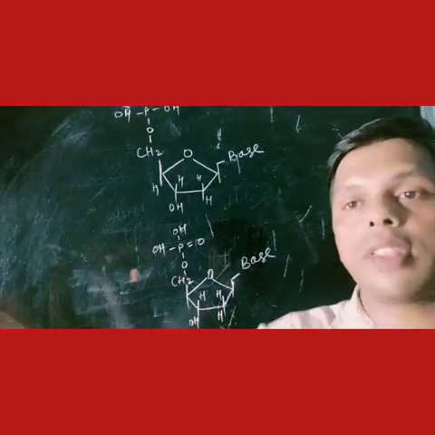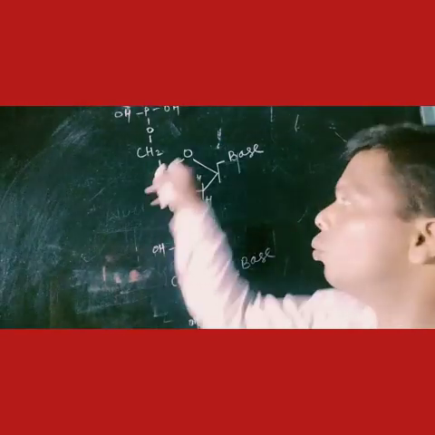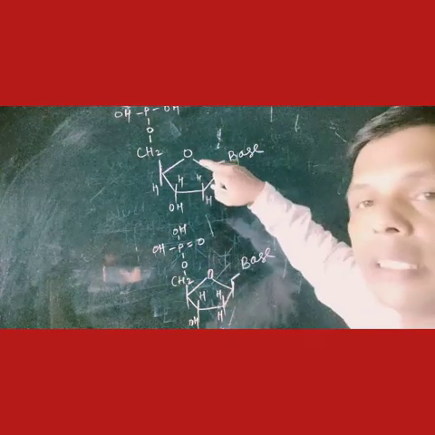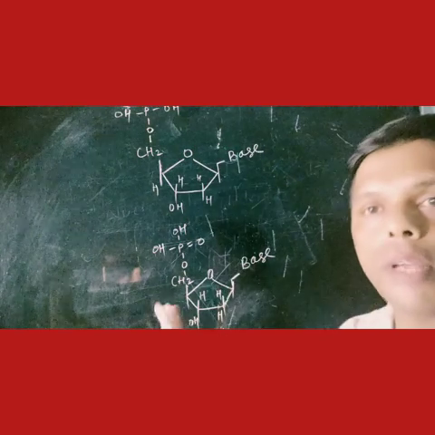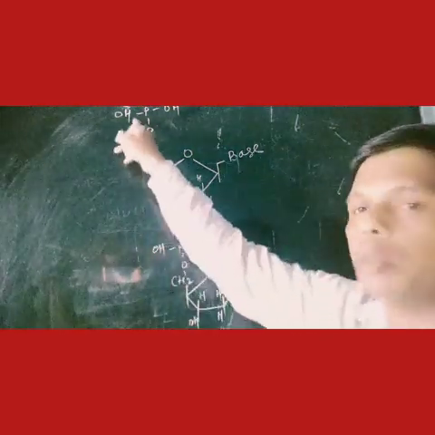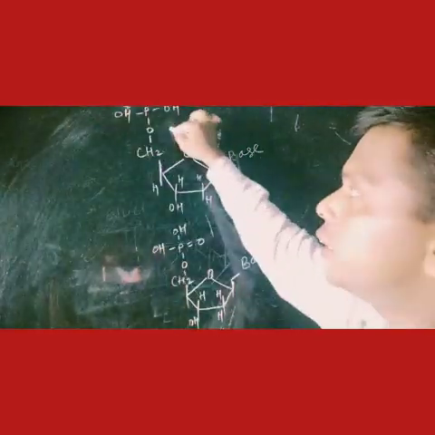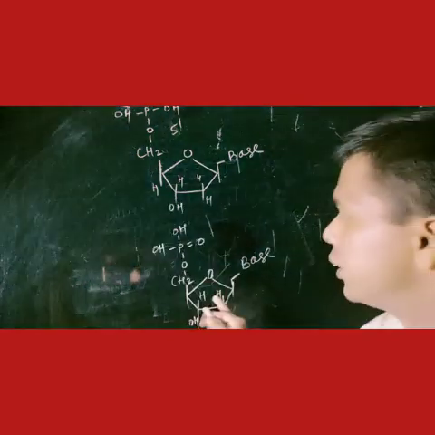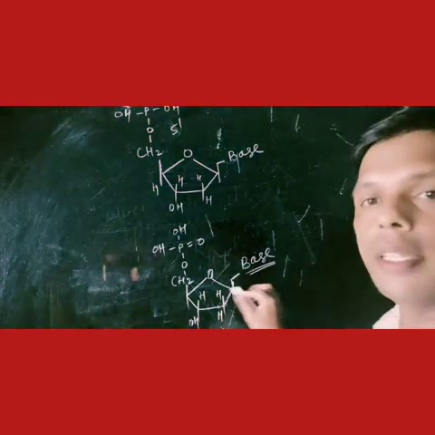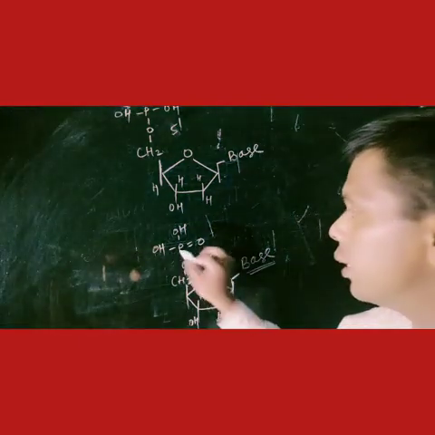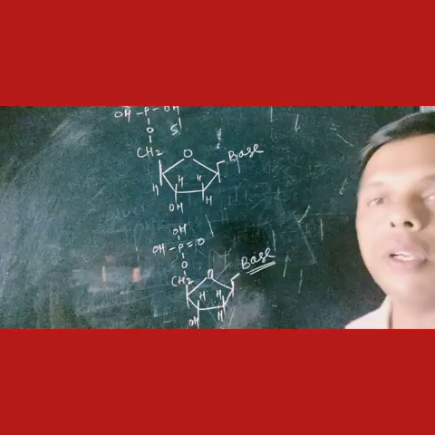phosphodiester linkage. This is one nucleotide, that means sugar, base, phosphoric acid. The phosphate is attached to the fifth carbon, that means it is 5' phosphate. This is another nucleotide, the base attached to the first carbon of the sugar, then the phosphate attached to the fifth carbon.